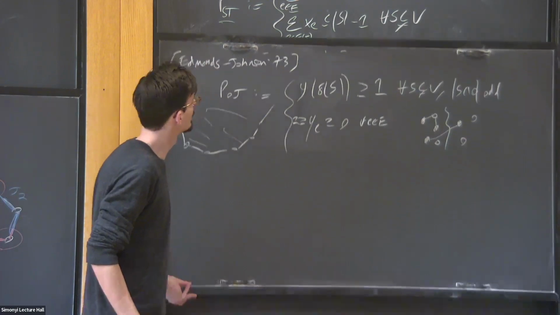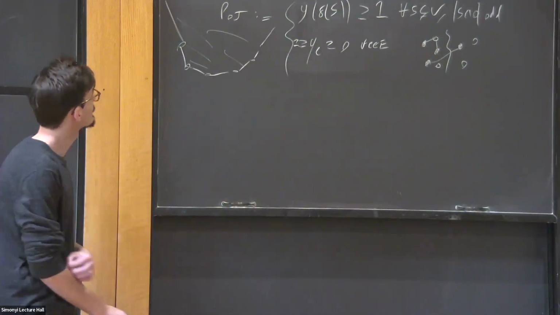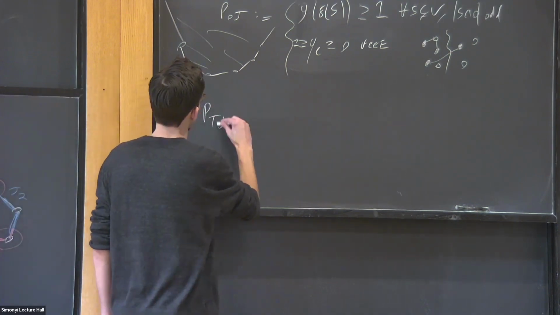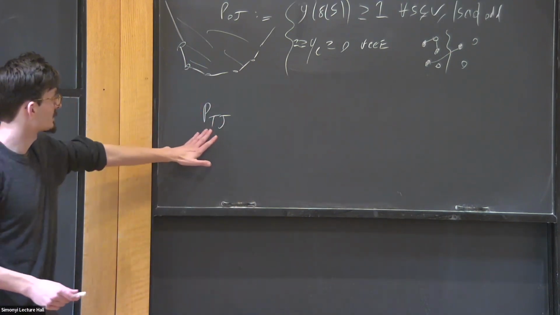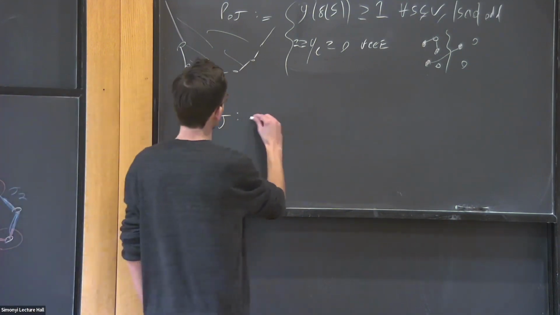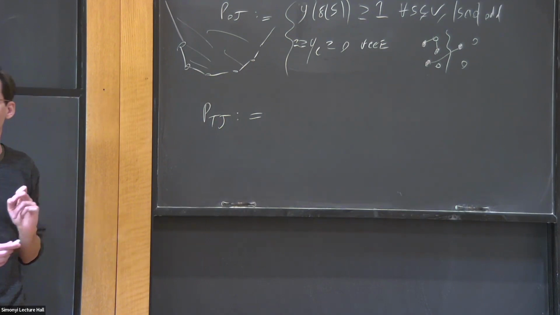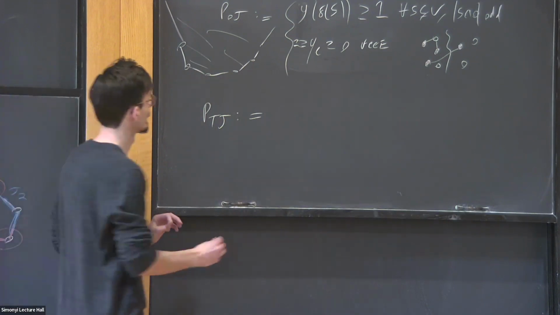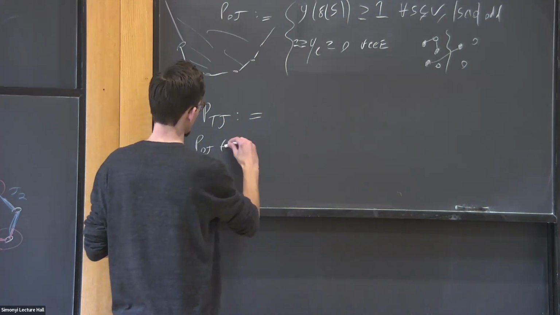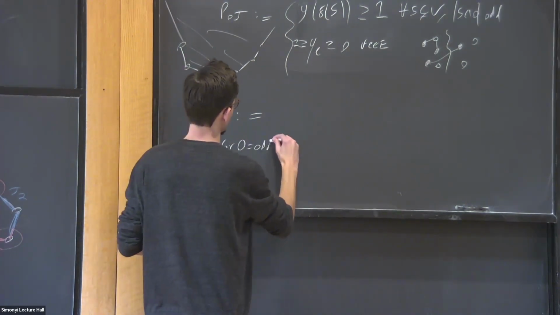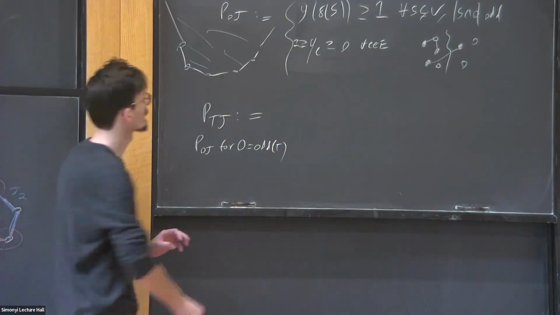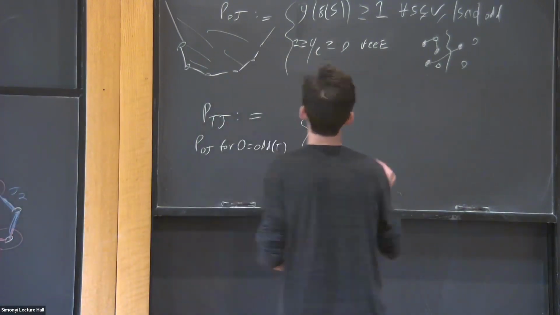And actually, I'm going to define another version of this. Some people who study TSP are going to be mad at me for this, but I'm going to call it the T-join polytope. And now T is going to be a spanning tree. I'm just going to define it as the O-join polytope, where O is the set of odd vertices of T. Okay, and now I can just translate this.